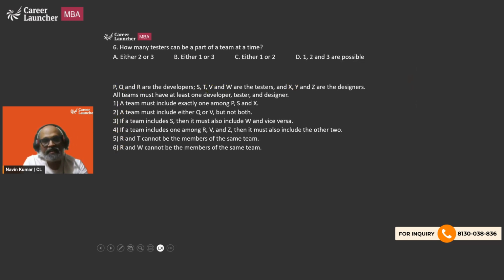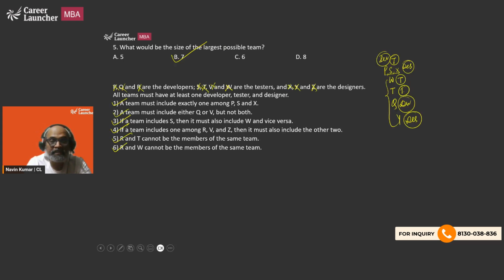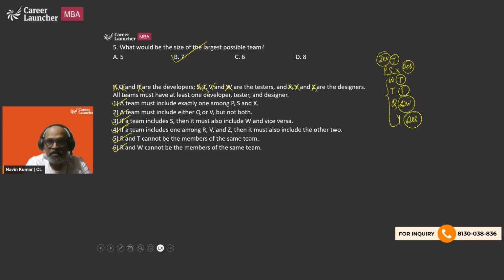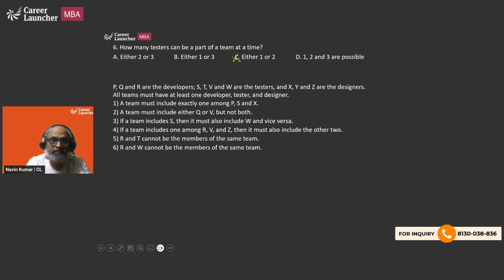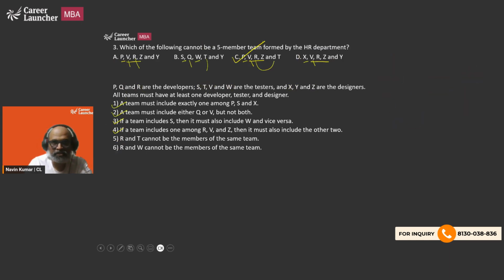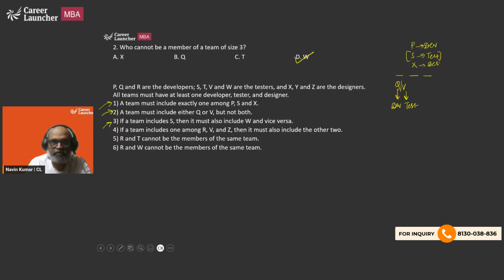Okay, next one. How many testers can be a part of a team at the same time? We have already seen in the previous questions we can have 3 testers. So C is not the answer. We have seen that for a 4 member team we can have 2 testers also, and before that for 3 people we can have 1 tester also.